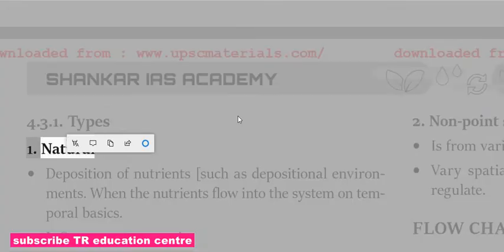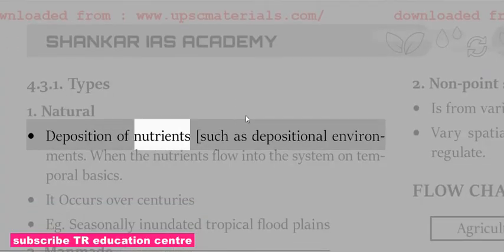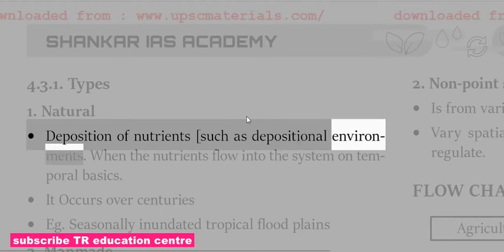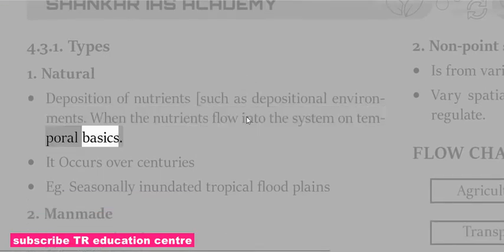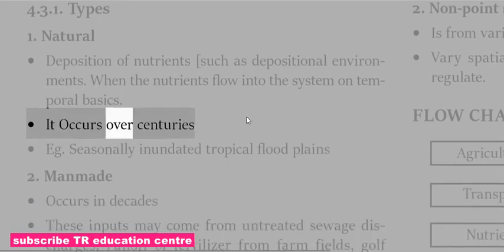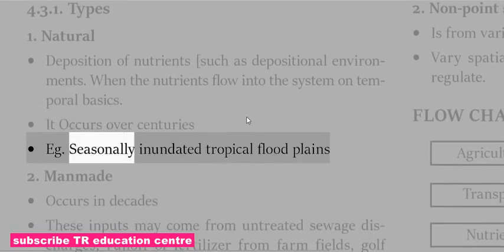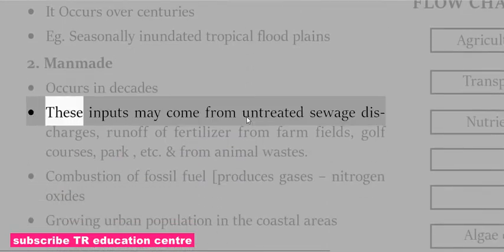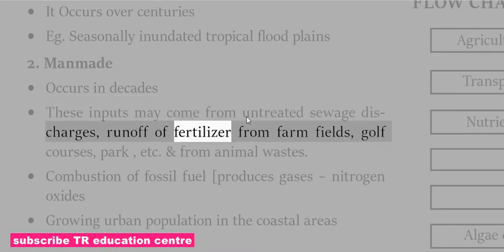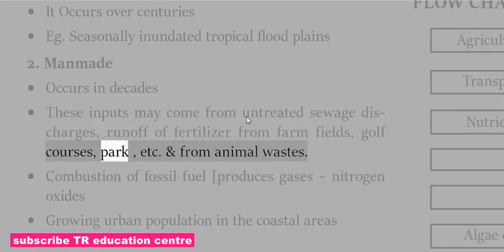Type 1, natural: deposition of nutrients, such as in depositional environments, when the nutrients flow into the system on a temporal basis. It occurs over centuries, e.g. seasonally inundated tropical floodplains. Type 2, man-made: occurs in decades. These inputs may come from untreated sewage discharges, runoff of fertilizer from farm fields, golf courses, parks, etc., and from animal wastes.